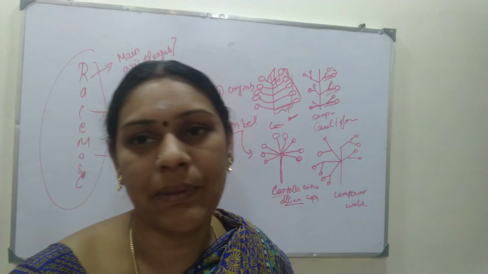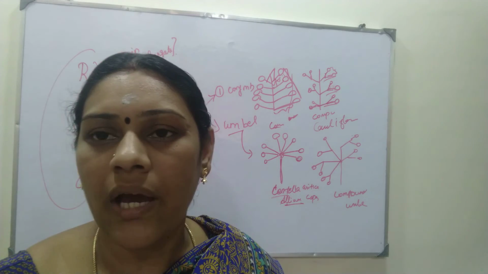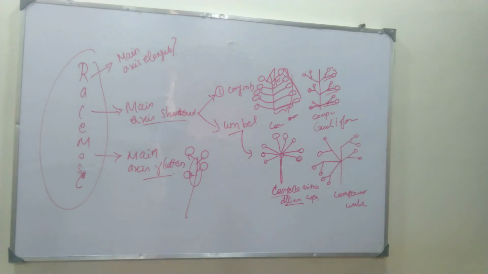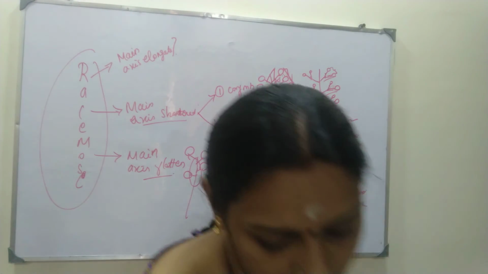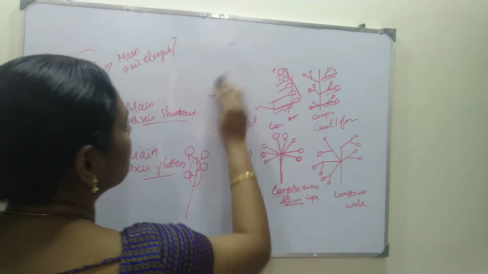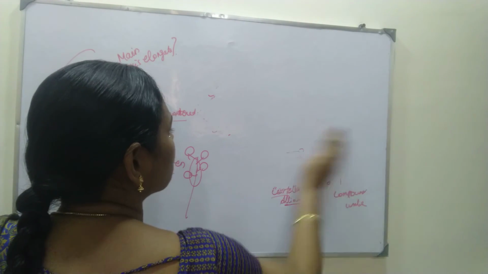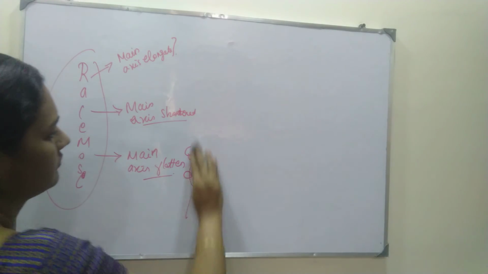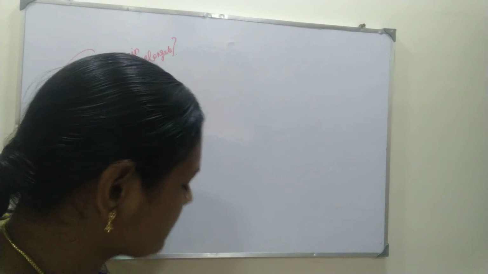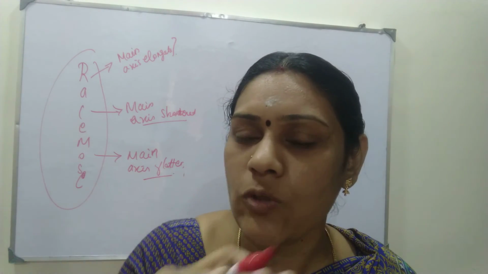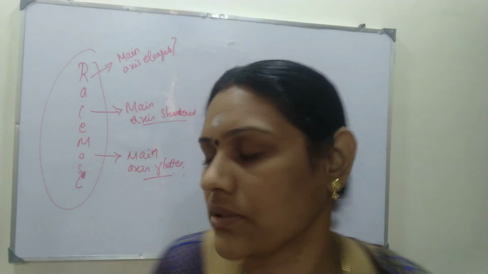Okay, so this is about the main axis shortened, which is over. Now I am coming to the main axis flattened. Main axis flattened is nothing but a group of inflorescence.